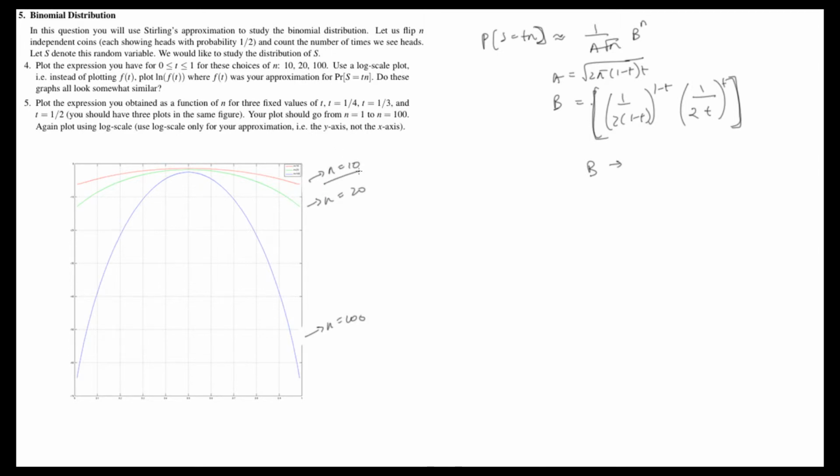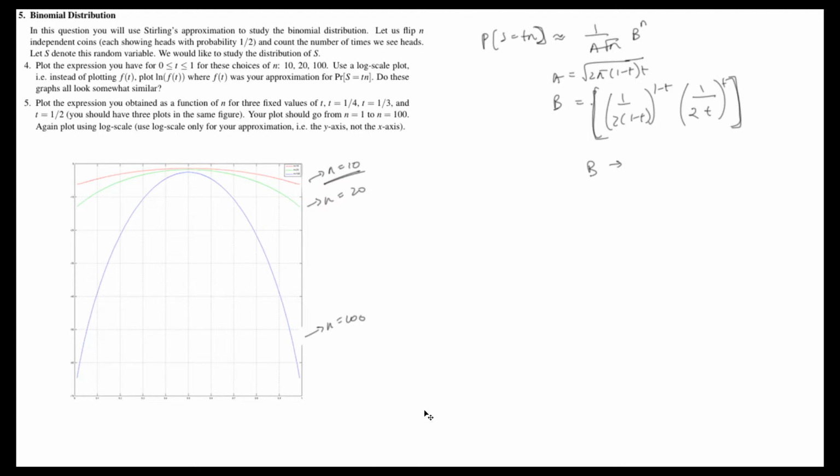For the smallest n, you don't have that much of a difference between the probability of the different sample points. But as n goes to 100, you have a number which is less than 1 taken to the exponent of 100, and therefore it has a much steeper graph because it rises and falls much faster.